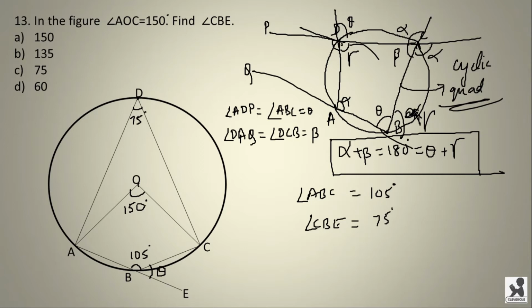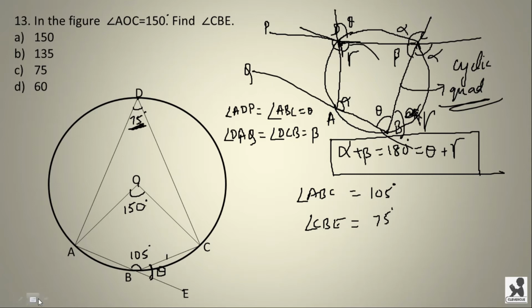I hope this is clear. Similarly, in this figure also, ABCD is a cyclic quadrilateral, and AB is produced to E, and so this theta is equal to 75 degrees.